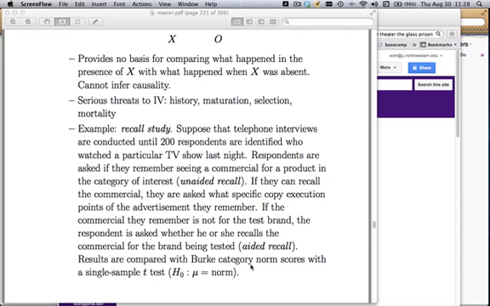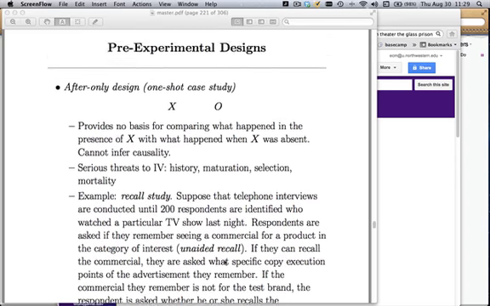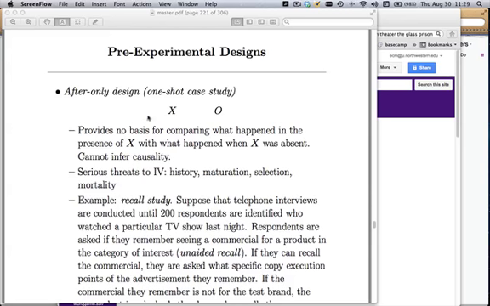You're comparing the mean against some constant, this Burke norm, in the same way that with the delivery problem, we were comparing the new delivery times with the established constant that we know from the old system. This is a pretty poor design. It provides absolutely no basis for comparing what happened in the presence of X versus when X was absent. So it's very easy to shoot holes in one of these designs.